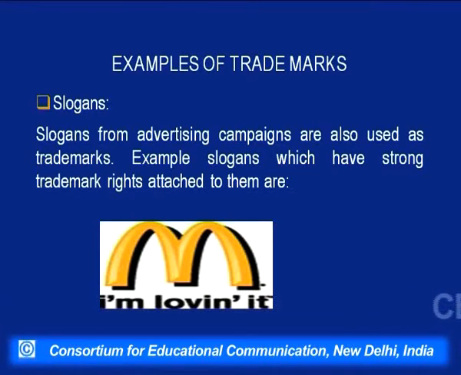So the point I am trying to make is that several things can be called a mark, and whatever is called a mark as per the definition given under section 2(1)(m) in the Trademarks Act 1999 can become a trademark, subject to the condition that it fulfills the qualification attached in section 2(1)(zb), which says that the trademark must be capable of distinguishing the goods of one person from those of others.